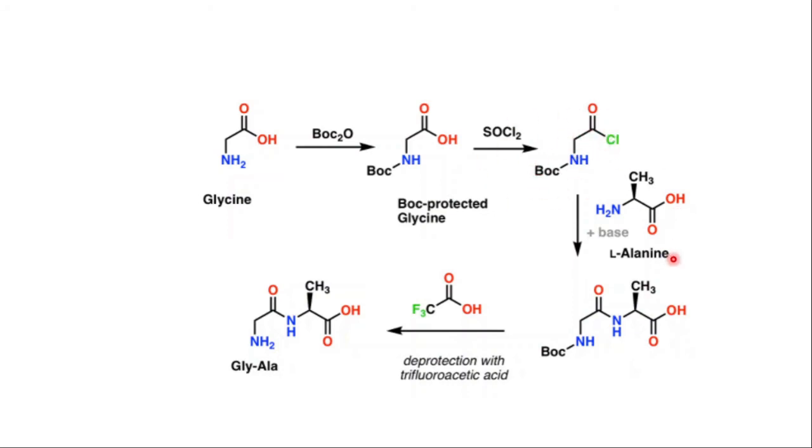Next you can add alanine to this. This is also called the acid chloride method, because you are converting acid into chloride, that is why it is the acid chloride method.